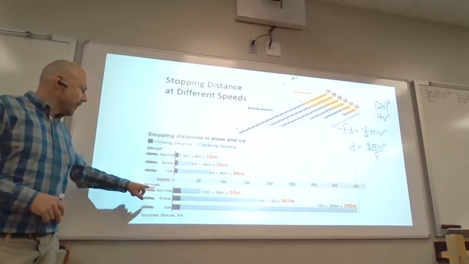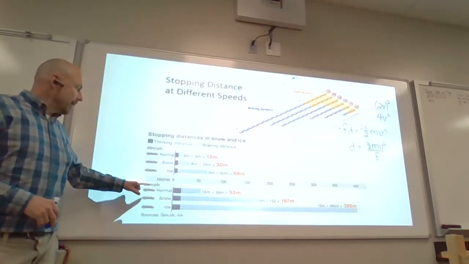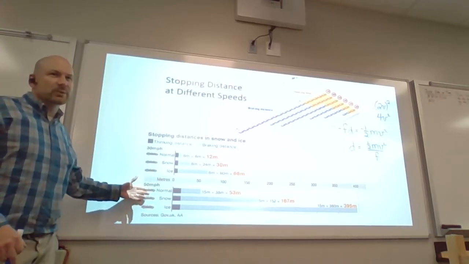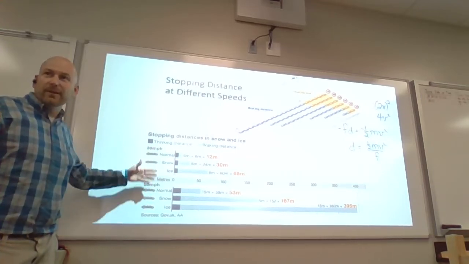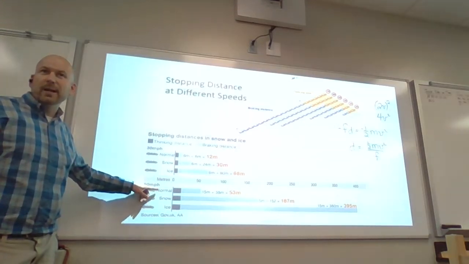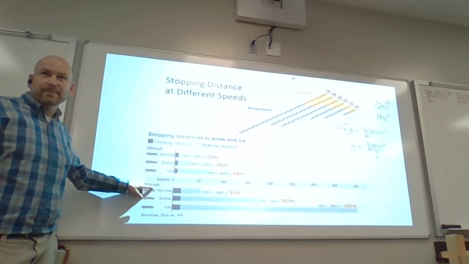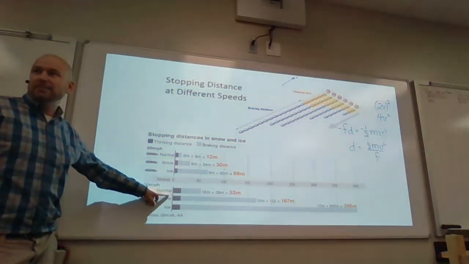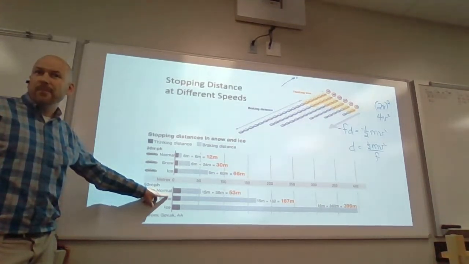Okay? I was hoping to find one, this is the best I could find. This is 50 miles an hour. So we haven't doubled it. We're just going from 30 to 50. Okay? Your normal cruising speed through your neighborhood. Normal takes 50 meters to stop, half a football field.